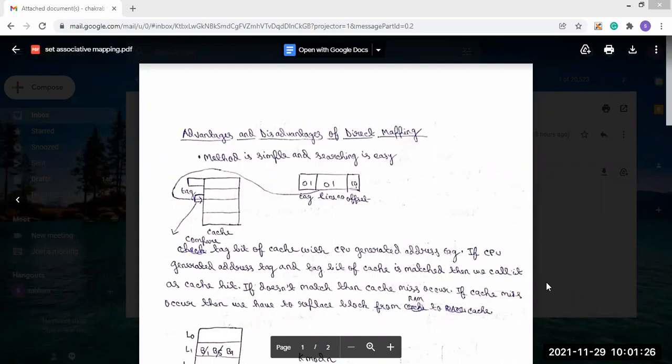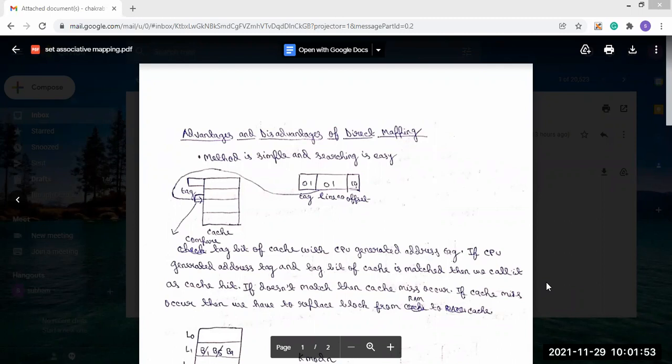Among them, we discussed direct mapping in the previous class. Now there are advantages and disadvantages of direct mapping. First we will discuss the advantages, then the disadvantages.